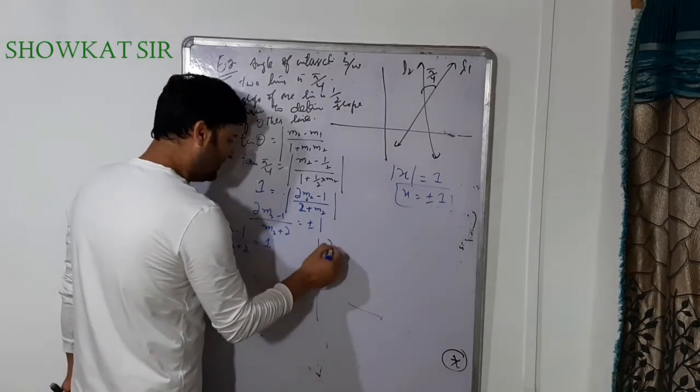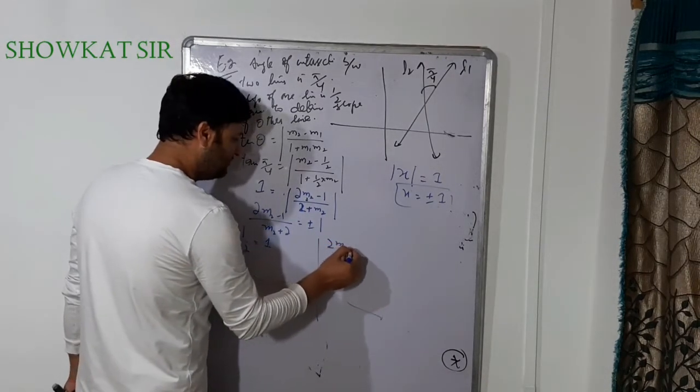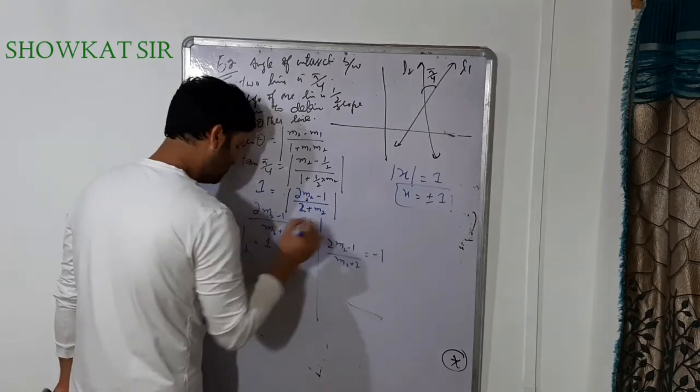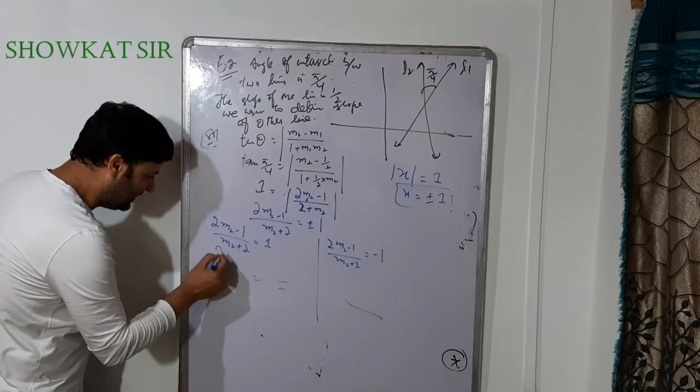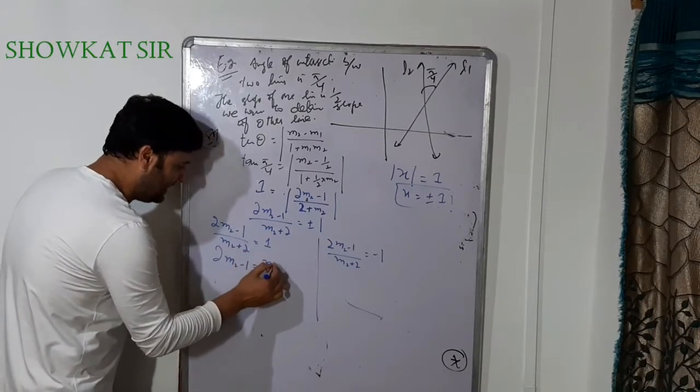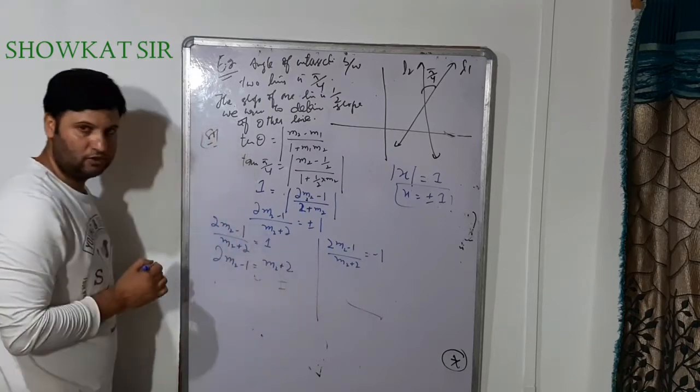और जब हम नेगेटिव वैल्यू लेंगे, it gives 2m2 minus 1 divided by m2 plus 2 is equal to minus 1. इसको यहाँ पे सॉल्व करेंगे, it is 2m2 minus 1 is equal to m2 plus 2.